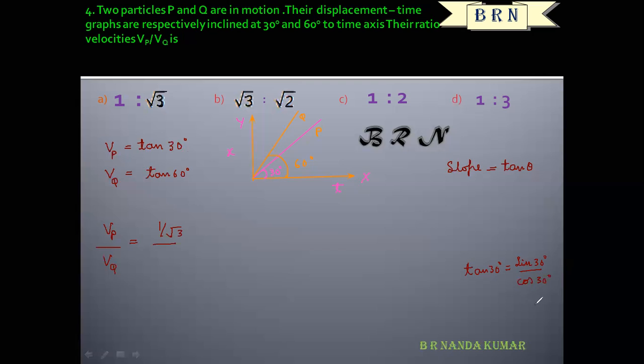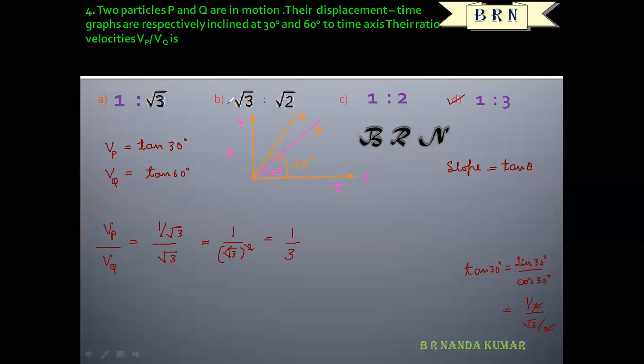Sin 30 is 1 by 2, cos 30 is root 3 by 2. So 2 cancels. So tan 30 is 1 by root 3. Tan 60 is root 3. So 1 by root 3 divided by root 3. So 1 divided by root 3 square. So the square root cancels, 1 divided by 3. So the right answer is option D.